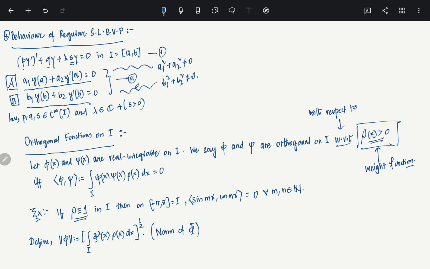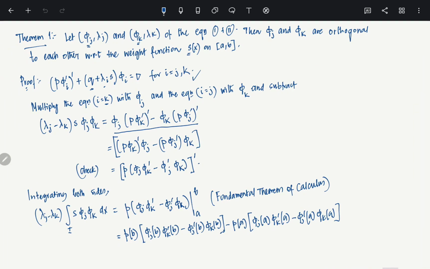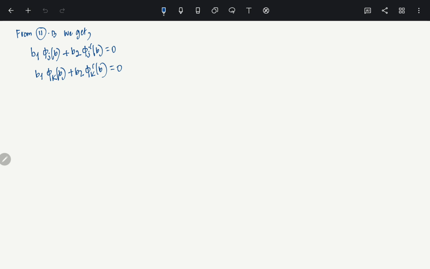You will need this, so either one of the coefficients should be non-zero. So without loss of generality, let's just assume that b2 is not 0. It doesn't have to be, but no issues here.